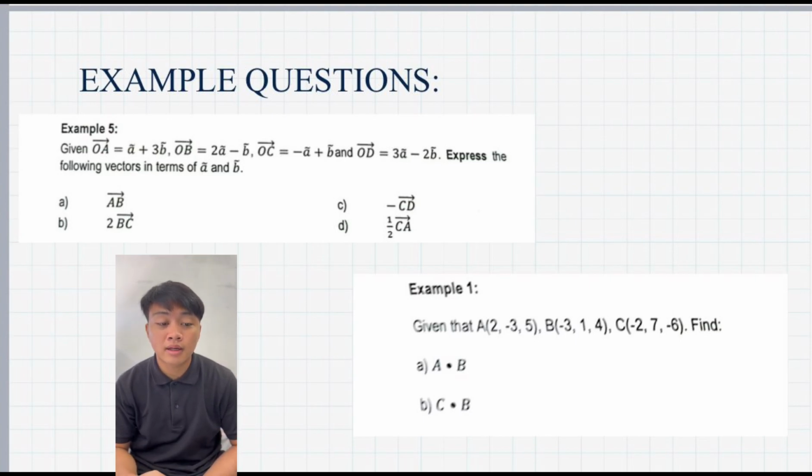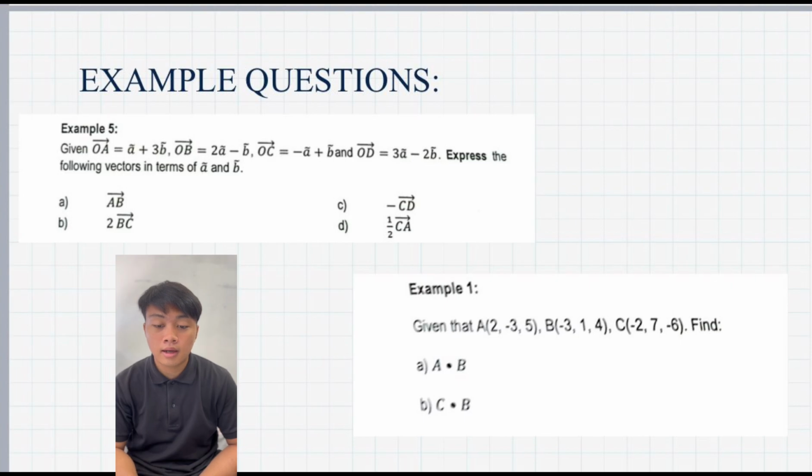Express the following vectors in terms of a and b. The first is the vector AB, and then 2 times BC, the negative vector CD, and then 1 over 2 vector CA.